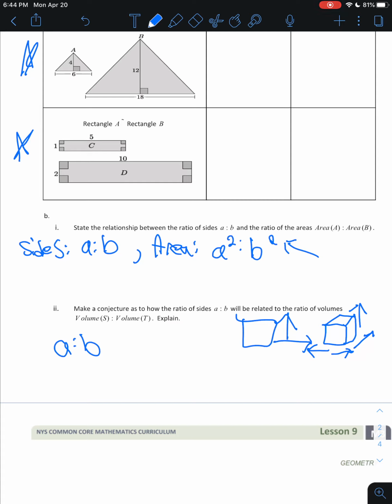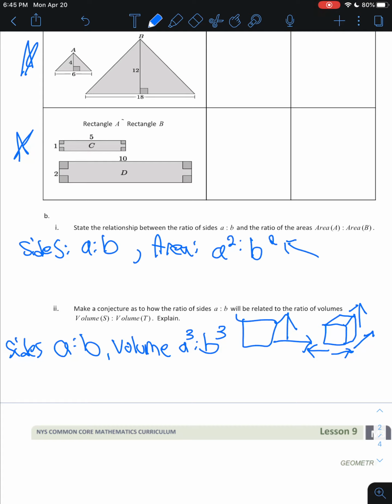And again, this is sides. And then volume would be A cubed, or A to the third, to B cubed. So if we have it for 2D shapes, it's squared. If it's for 3D shapes, if it's for volume, right, it's cubed, or to the third power.